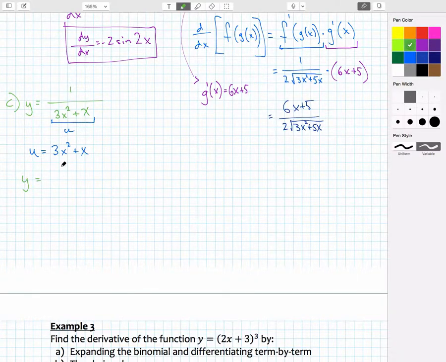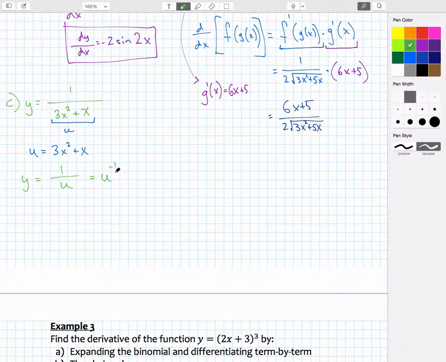y then becomes 1 over, not a big polynomial, it's just 1 over u, which is a lot simpler. And to differentiate that, we might want to remind ourselves that 1 over u is the same thing as u to the negative 1 power.